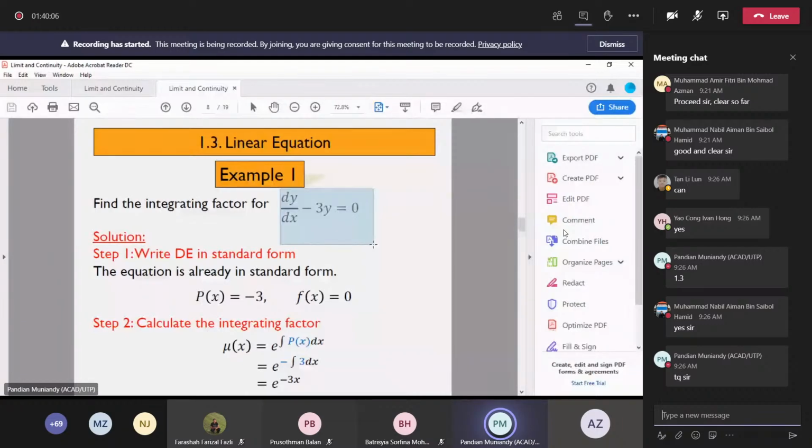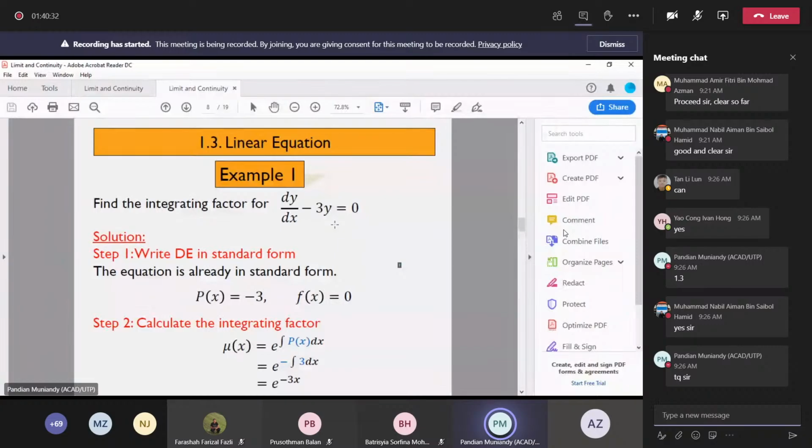But you cannot say this is not linear. It is linear, and at the same time it is separable. So what you understand from here is that separable is inside linear. Linear contains separable, so separable is a subset of linear.